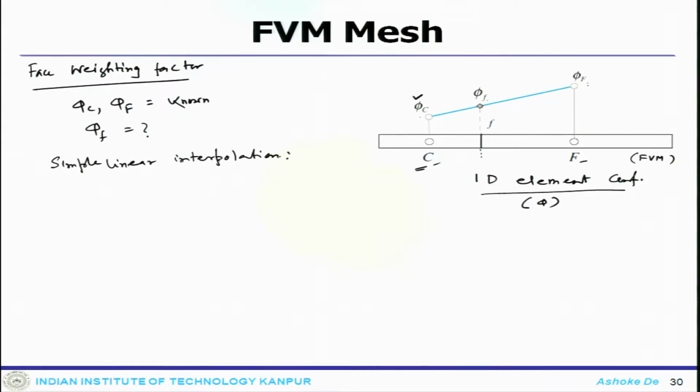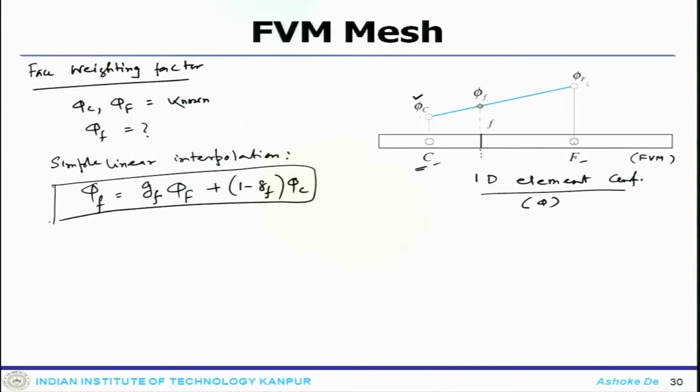If you do that, then your face value phi f can be written as some factor g f into phi F, taking the contribution from here, plus 1 minus g f into phi C. That is a simple linear interpolation, where your weighting factor g f would be d Cf divided by d Cf plus d fF.